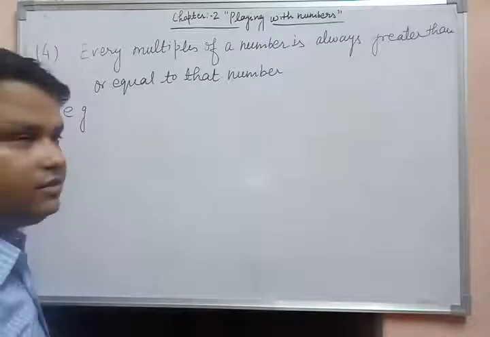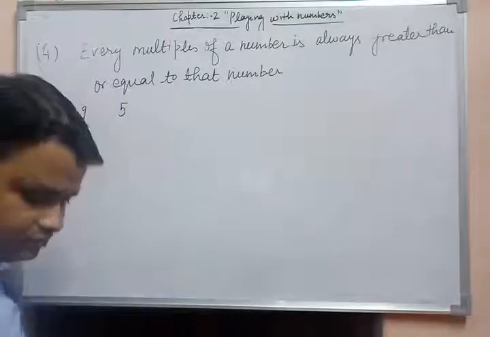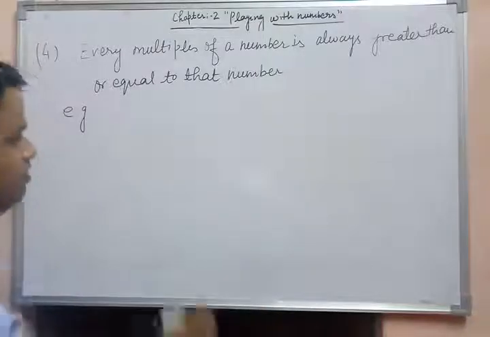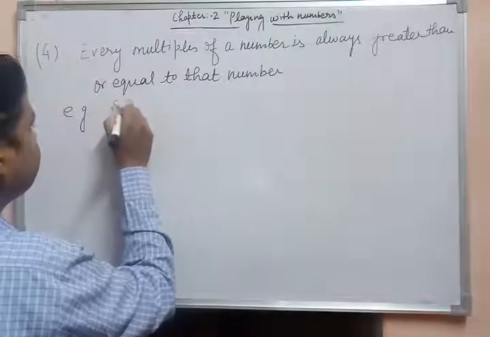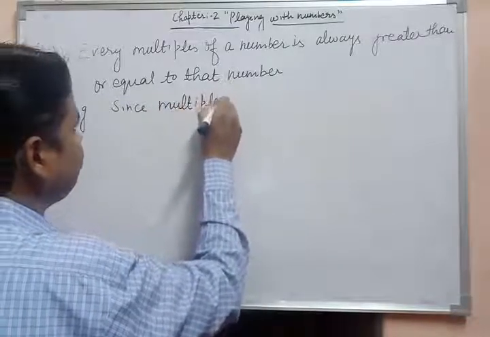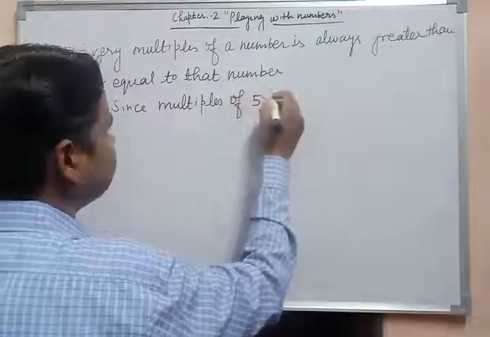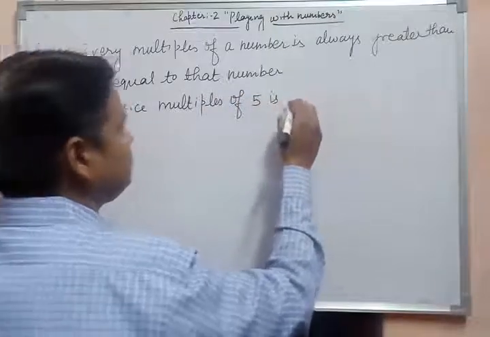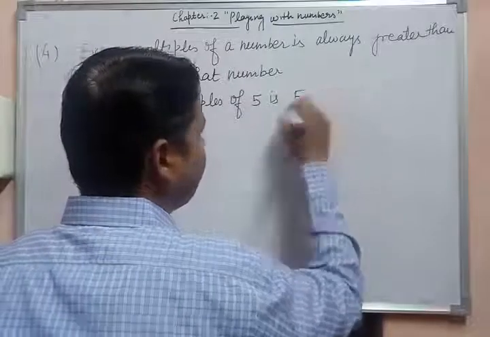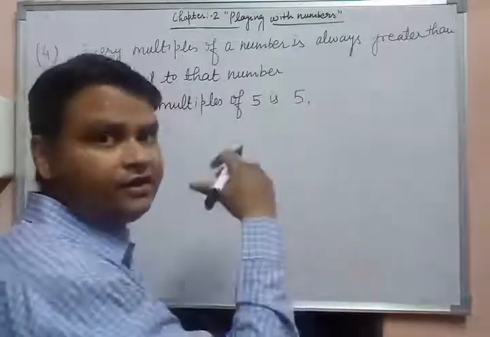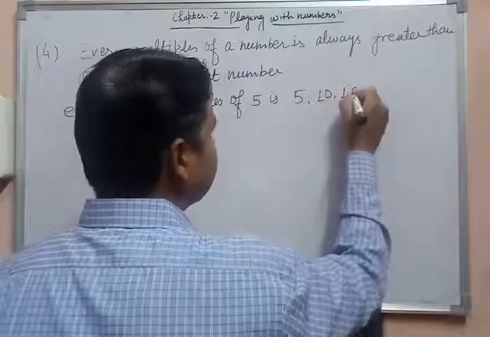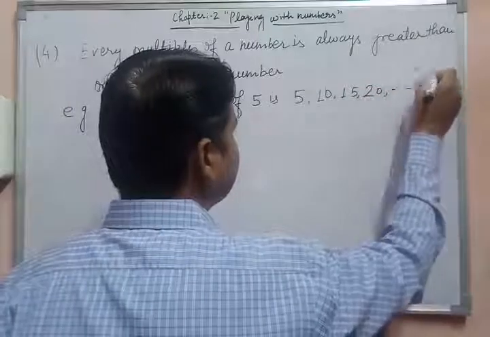For example, if we write the multiples of 5, the multiples of 5 are the table of 5, so we have to write the table of 5: 5, 10, 15, 20 and so on.